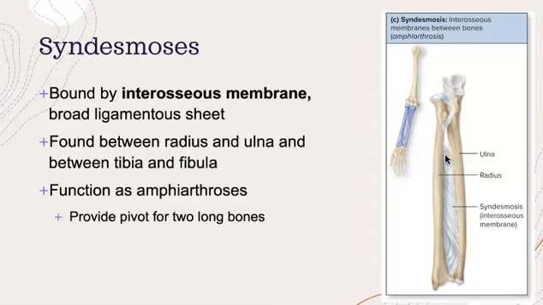We find this between our two bones in the forearm, and we would also find it between our two bones in our leg, our tibia and our fibula. These joints function as amphiarthroses, meaning that we have just a slight movement, so it allows us to have pivoting of these two bones.